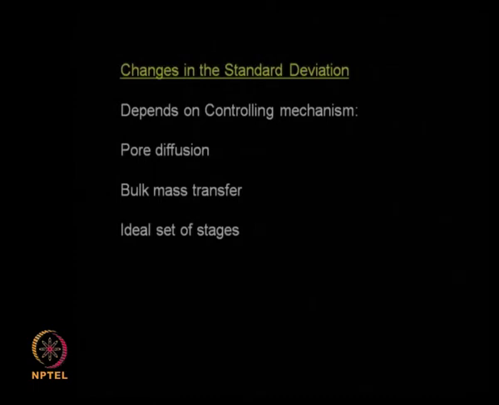So in this particular chromatographic situation we are saying that the mechanisms are varied: the bulk mass transfer from the bulk liquid to the surface of the stationary phase, and then there could be movement inside the pores, and then there could be reactions taking place and so on. So depending upon various situations the interaction between the solute molecule and the stationary material will change, and depending upon the strength of these interactions, the spread of these Gaussian peaks also changes.